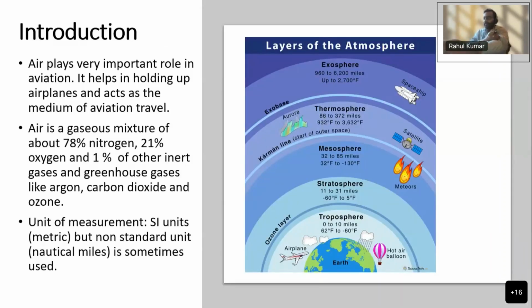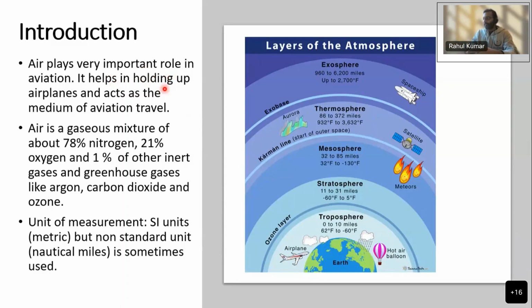So let us start with a little bit of introduction. Air plays a very important role in aviation. It helps in holding up the airplane and acts as a medium for aviation travel.